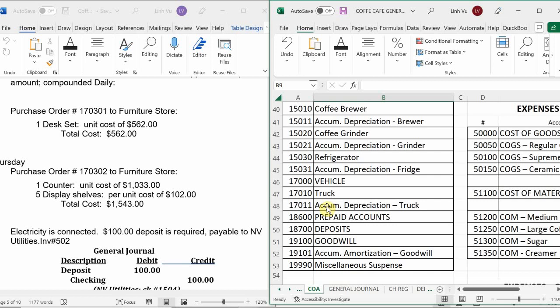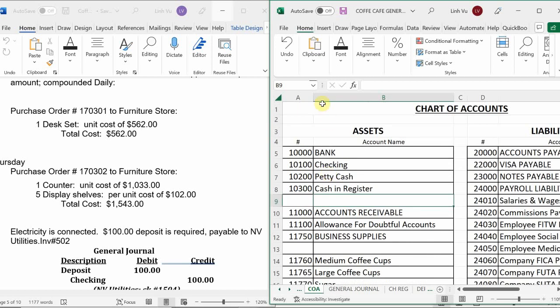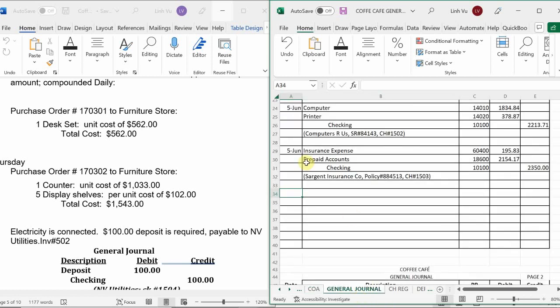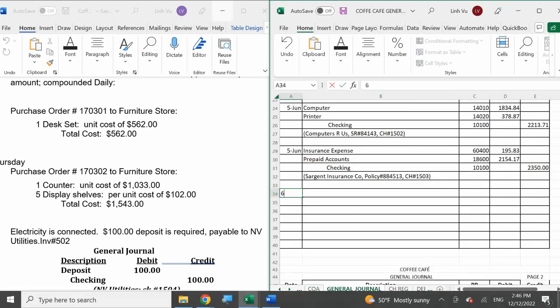Okay? How did I pay for this deposit? Check. Did you say cash? Check. We're writing a check because we don't have cash available on our hands, do we? We don't have that ability, right? So in this case, we're just going to write them a check to NV Utilities. All right? So today is the 6th.